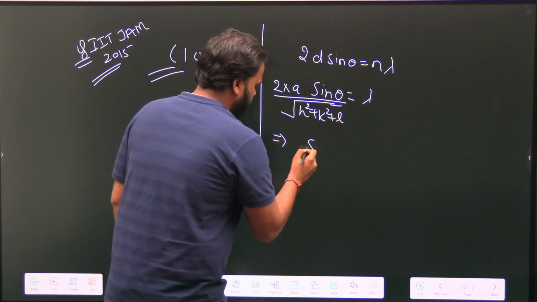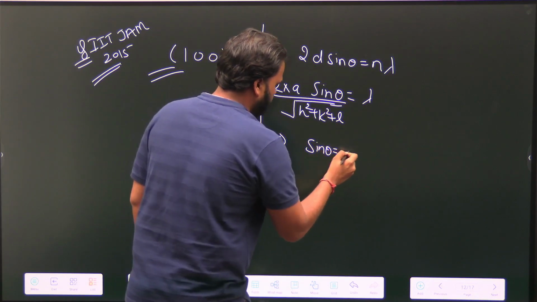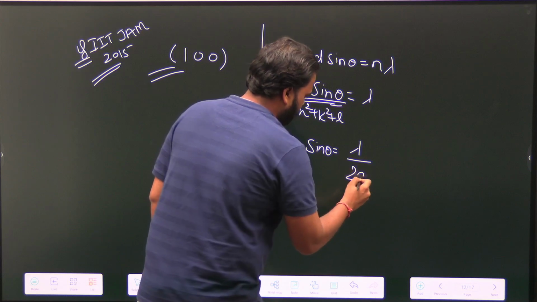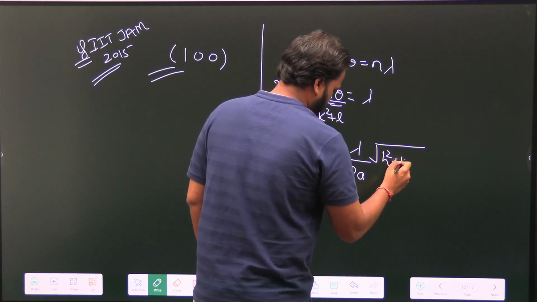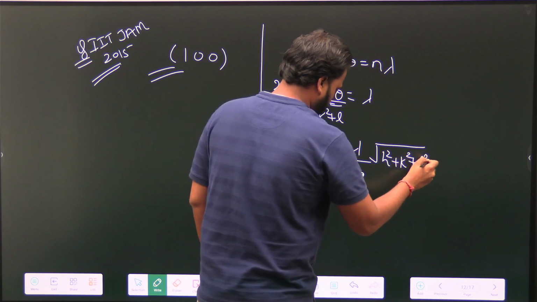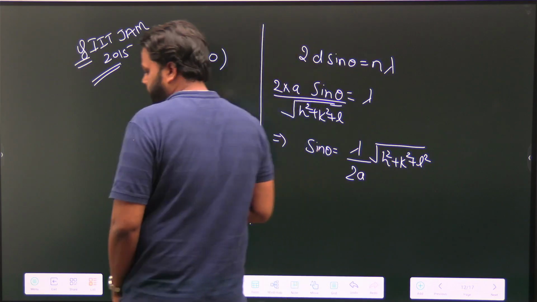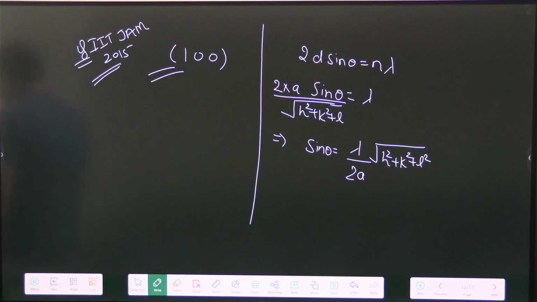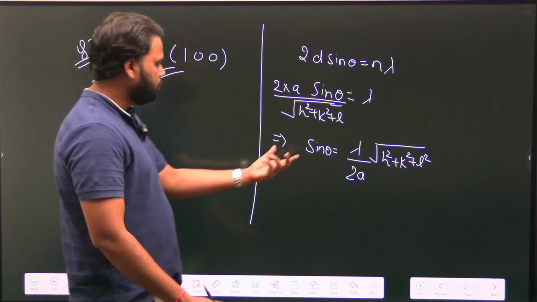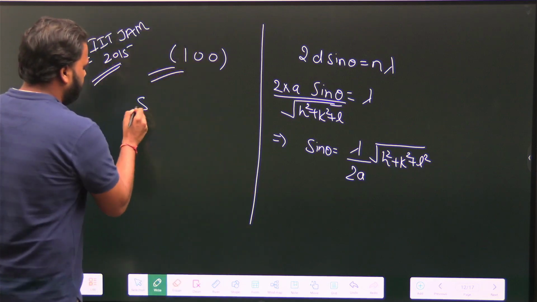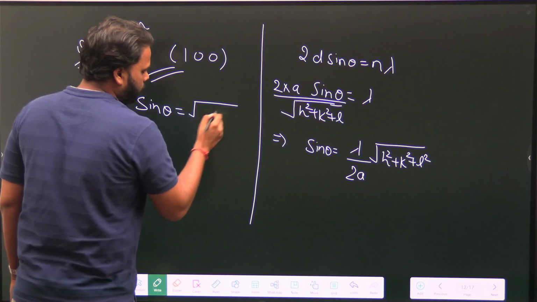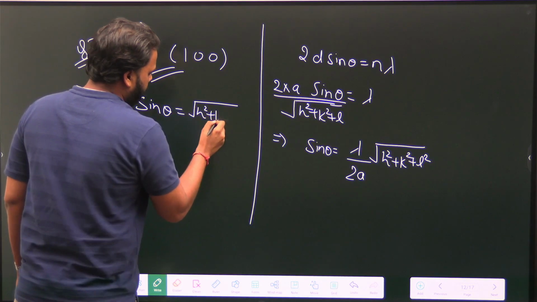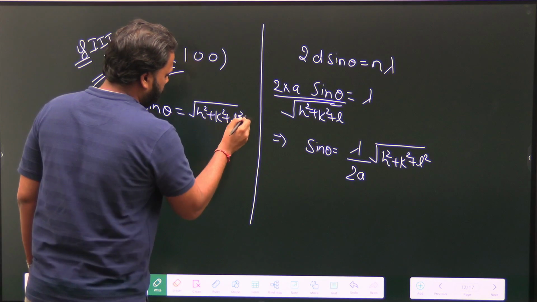So the value of sin theta will be equal to lambda upon 2a root under h square plus k square plus l square. The values of lambda and a are both given and both are 1 angstrom. So basically you got sin theta is equal to root under h square plus k square plus l square by 2.